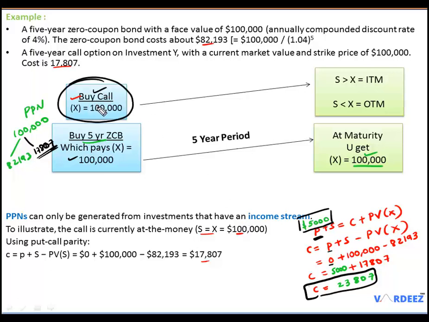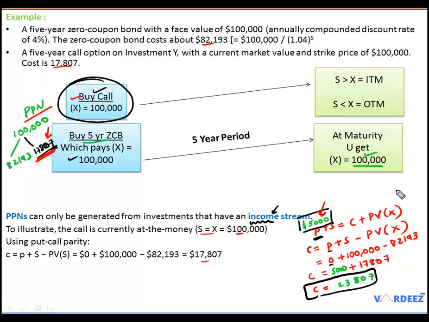In this particular derivative position, that asset has to give you some sort of an income stream, maybe the dividends or something like that, so that you can set off this cost of $5,000, so that the net cost of this call option comes to 17,807, which is a part of the PPN cost.